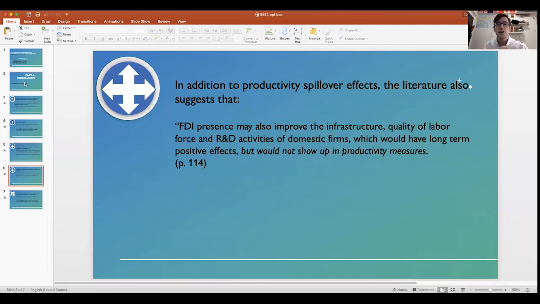In addition to the productivity spillover effects that the literature goes over, it also suggests that FDI presence may also improve the infrastructure, the quality of labor force, and research and development activities of domestic firms, which would have long-term positive effects, but would not show up in productivity measures.